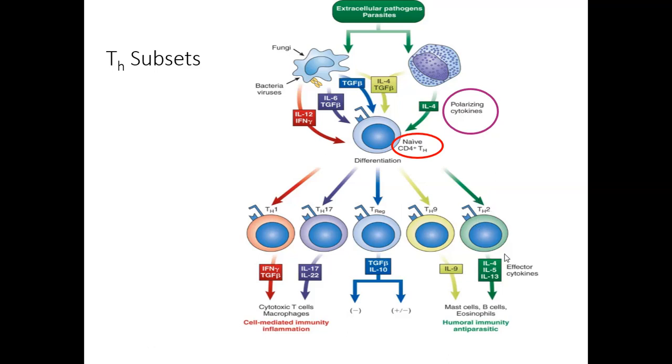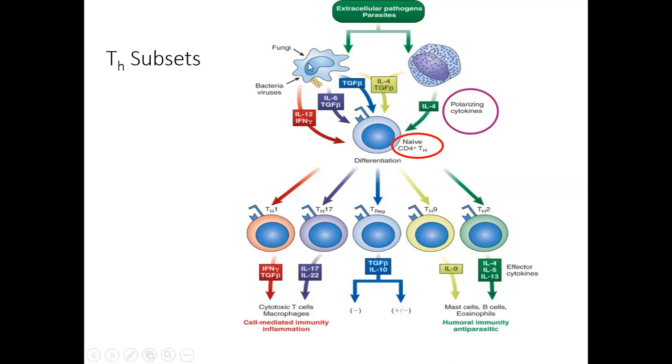This T helper 2 cell is then going to release a number of other cytokines. These are interleukins, and we call these not polarizing cytokines, but effector cytokines. Remember what an effector cell is. It's one that causes another action, right? So the T helper cell, which is now an effector cell, releases cytokines that cause B cells to produce immunoglobulins against the bacteria, the pathogen that was presented all the way at the beginning.